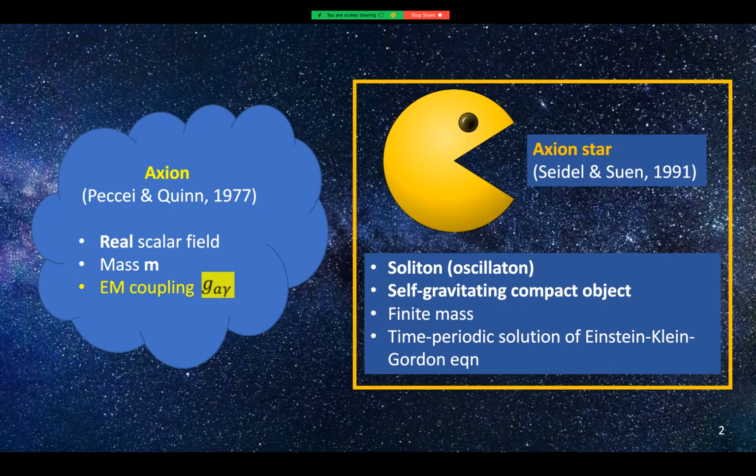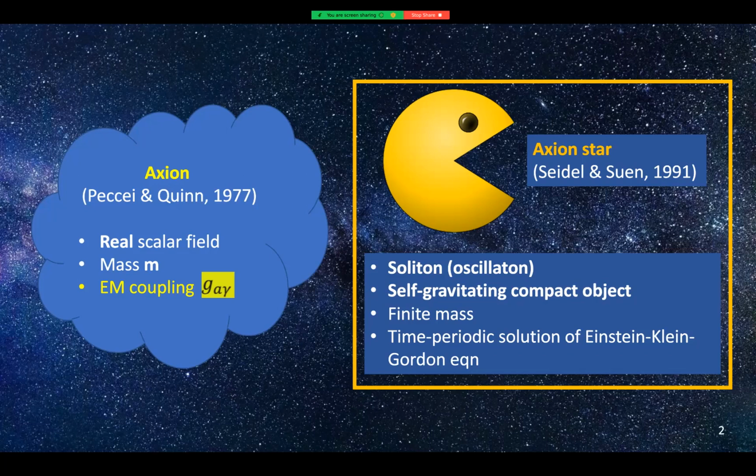Now, it obviously has finite mass, and more specifically, it's a time periodic solution to the Einstein-Klein-Gordon equation, where the Einstein part is gravity and the Klein-Gordon part is the scalar field. And I should probably mention that, for example, axions in string theory span a wide range of values for small m, the scalar mass, and this EM coupling. And therefore, these stars could fit a wide range of axion-like particle models.